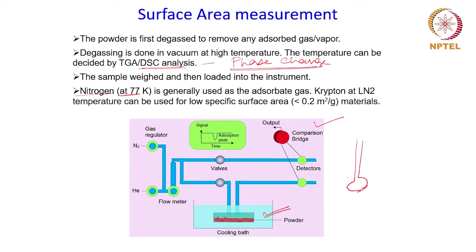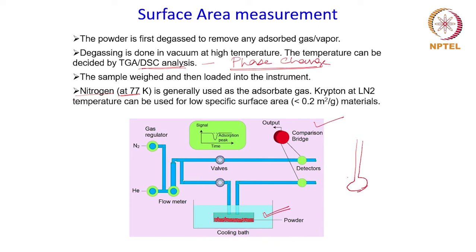So after the sample tube is loaded to the sample chamber, this cooling bath is brought in contact with the sample tube and it is cooled down, and after that the adsorbate gas, which is generally nitrogen, as I said, is passed through the sample at a known pressure, and the amount which is adsorbed when the monolayer forms can be determined by the three different techniques as we talked about before, and from that the specific surface area can be calculated.